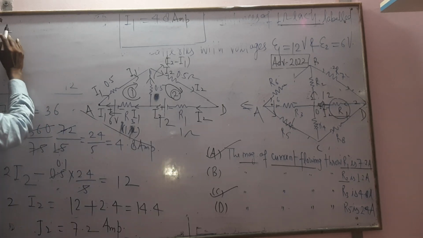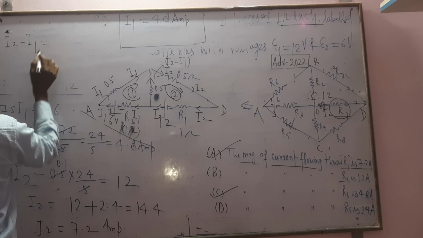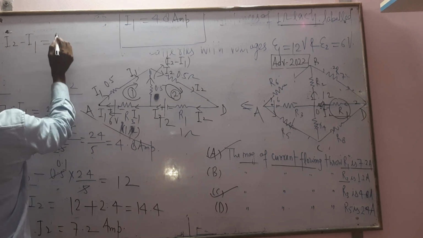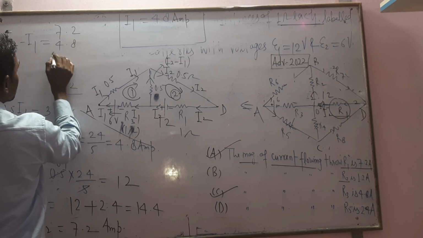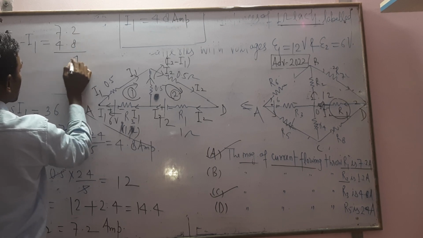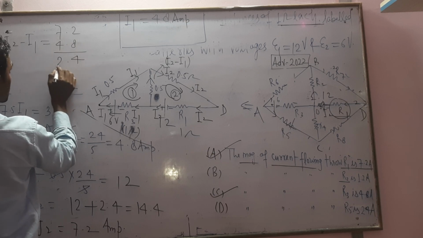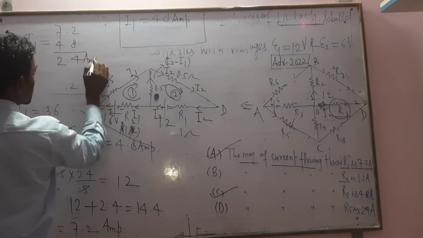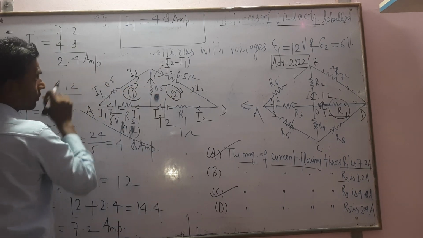I2 minus I1 is 7.2 minus 4.8, which is 2.4 ampere. So in this circuit, the current will be 2.4 ampere.